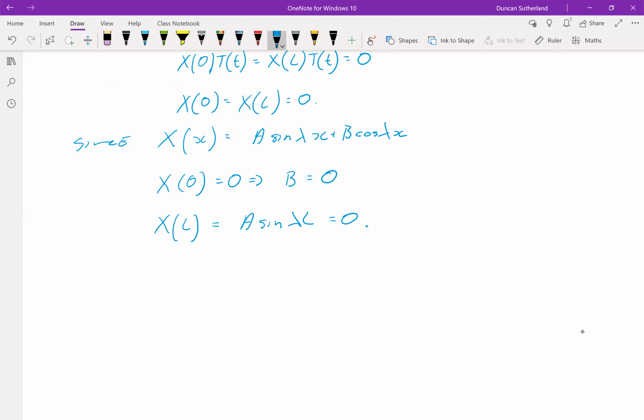So we've got two choices. Either A is 0, and then our X is identically 0, which is called the trivial solution and is completely uninteresting, or lambda is some multiple of pi. So we've got lambda equals n pi over L, where n is an integer.